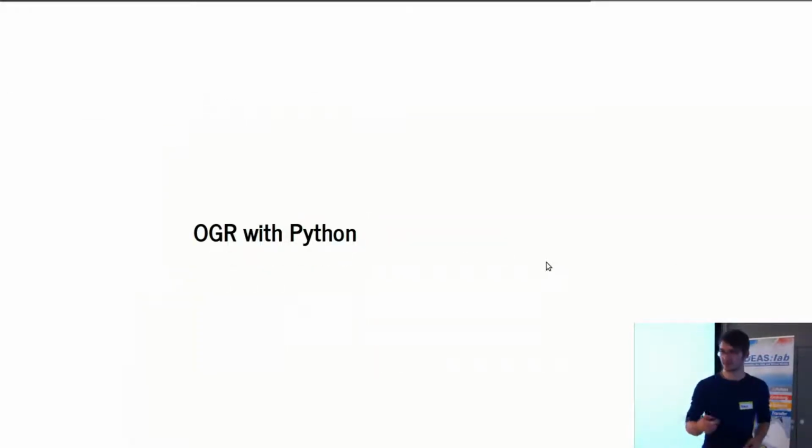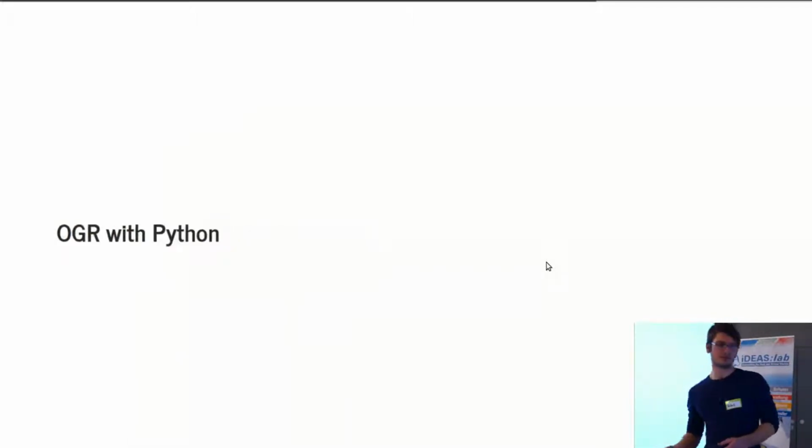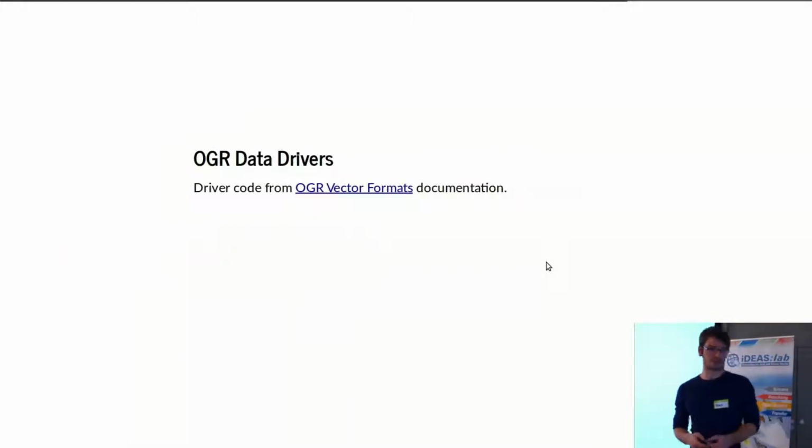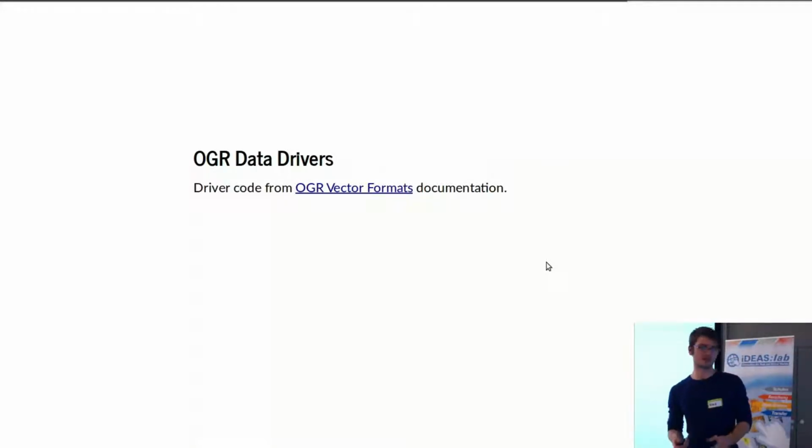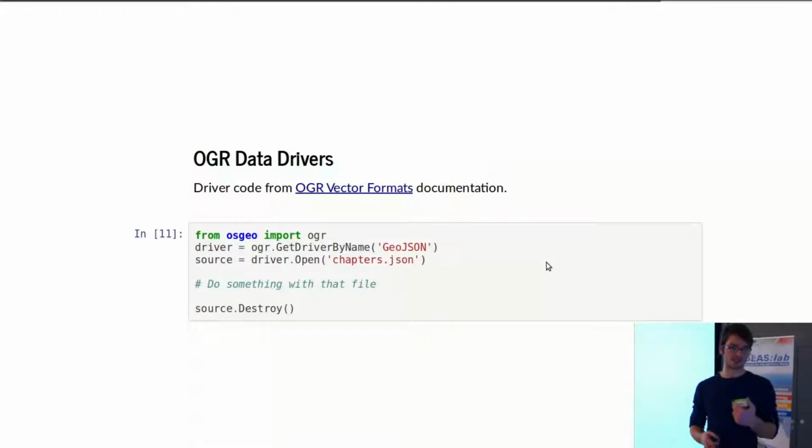As I said before, you can use OGR also with Python. You have various different data drivers. As we saw before, you have GeoPackage, CSV, GeoJSON, and you can use these drivers by specifying the driver code here.